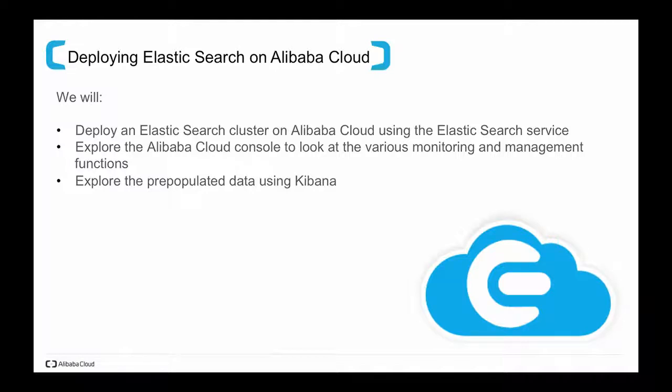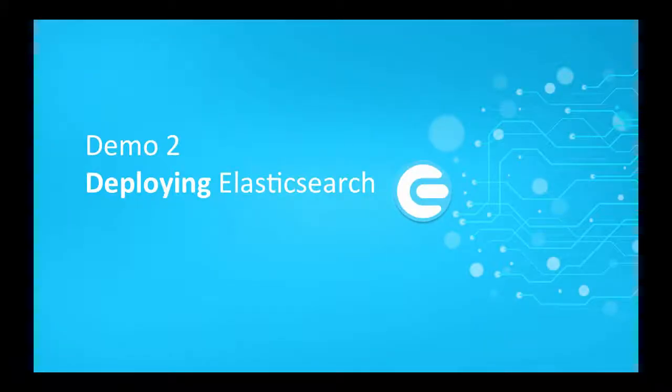And also, if time permits, we will look at pre-populated data in Kibana. Do note that Alibaba Cloud Elasticsearch service comes with a pre-integrated Kibana console as well. So time for some more fun. Let's move to demo number 2.